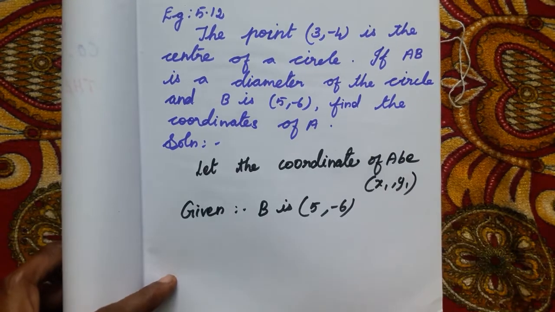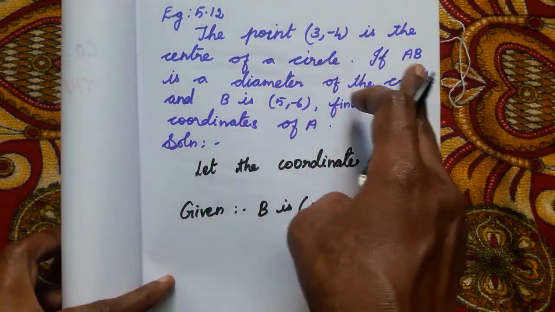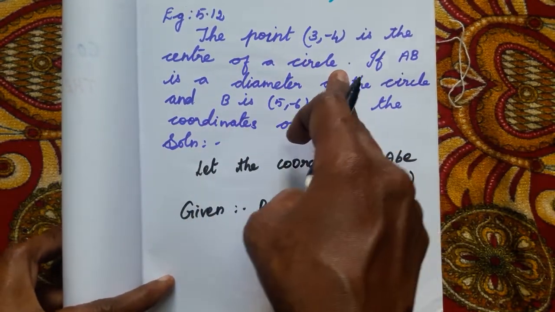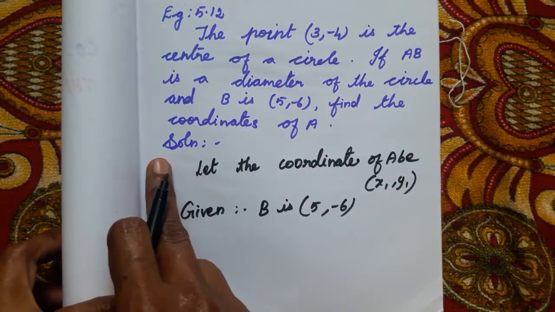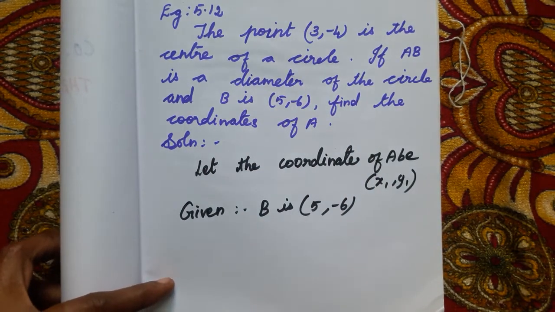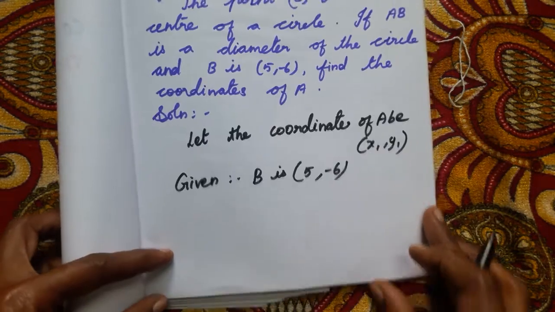Next, we know that the point (3, minus 4) is the center of the circle. That is what is given: (3, minus 4) is the center of the circle.